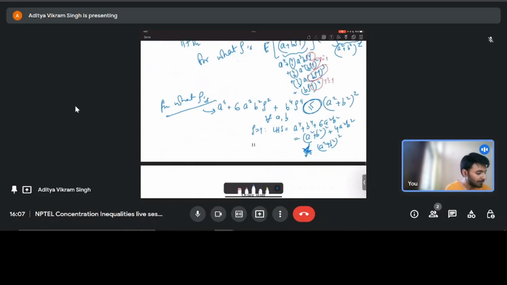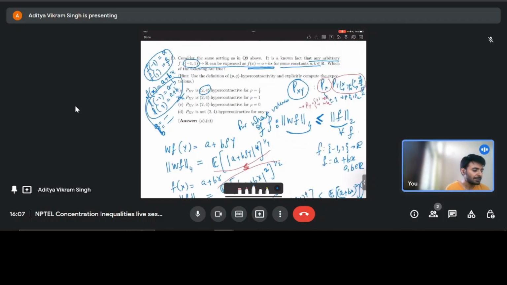Let's see what happens for rho equals 0. For rho equals 0, the left hand side becomes a to the power 4, and the right hand side is a to the power 4 plus b to the power 4 plus 2a square b square. So the left hand side is less than or equal to the right hand side for all a, b, right? And so it is hypercontractive when rho equals 0.